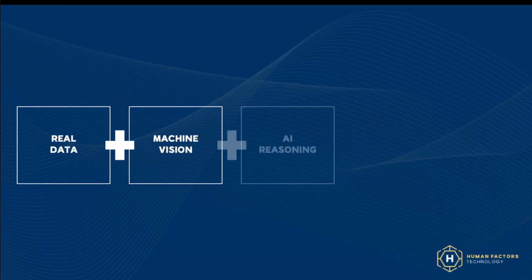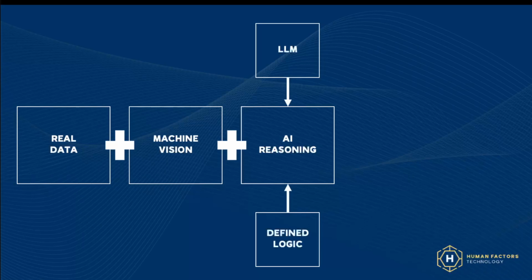This then gives you some ability to apply AI reasoning, which is both large language models, so contextualizing things like generative AI, where it can understand the relationship between one thing and another, but then it can also include some defined logic. And what I mean by defined logic is this idea that if I'm an expert creator of pens or user of pens, I can provide my expertise as a model for how pens are supposed to be used.